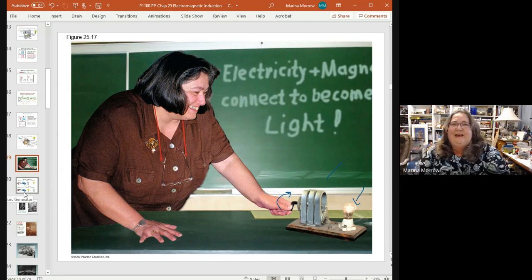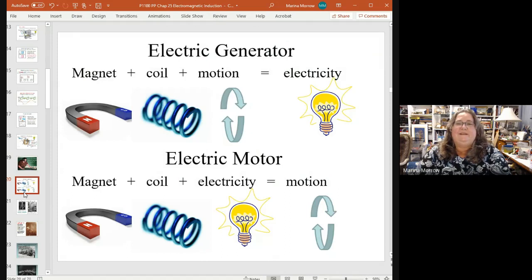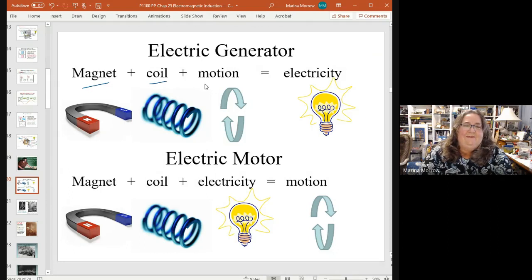Now, you may have noticed that both generators and motors use the same equipment. There's always a magnet and a coil. And if you add motion, then you get out electricity. So that's a generator. But for a motor, remember we also had a magnetic field with a coil, and we put electricity through that coil, and then it made it move in the magnetic field, and so we got motion out.